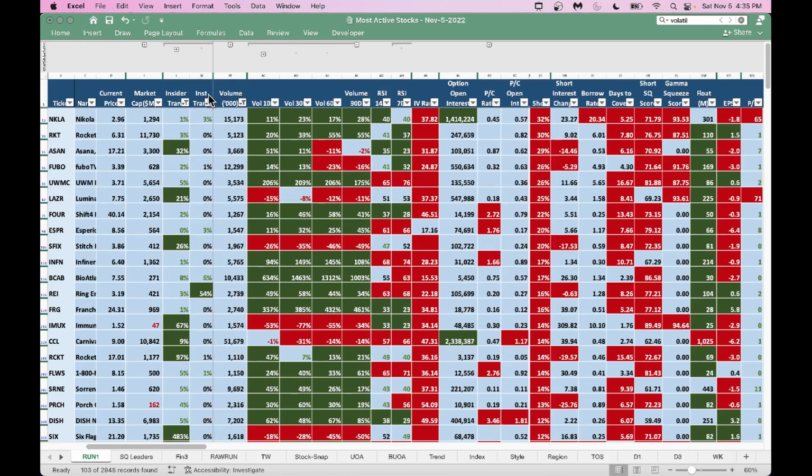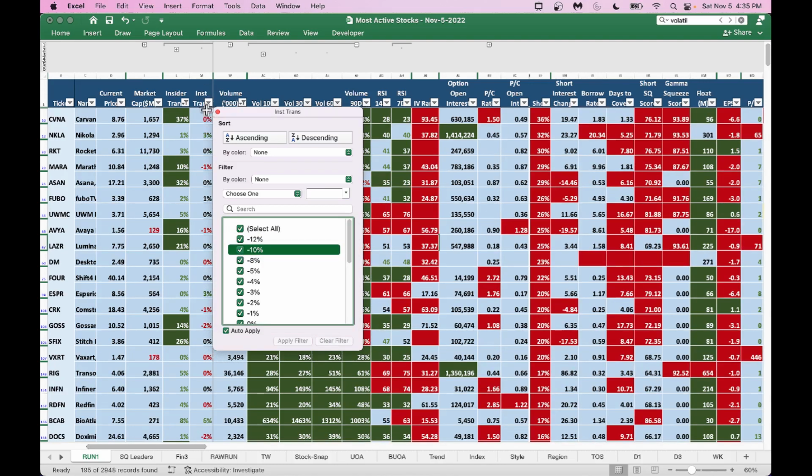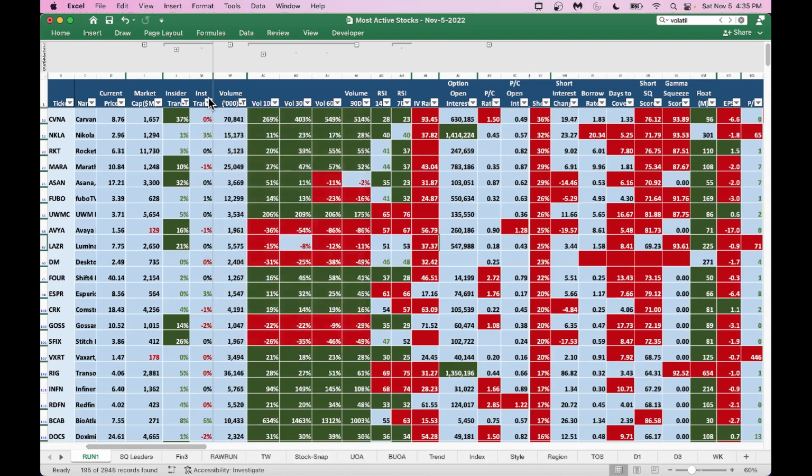So for now, I will remove insiders and institutions. We can look at a few more things here and go from there. No filter for insiders, and let's also look at institutions and remove the filter here.